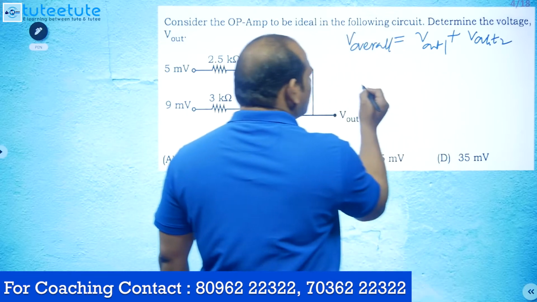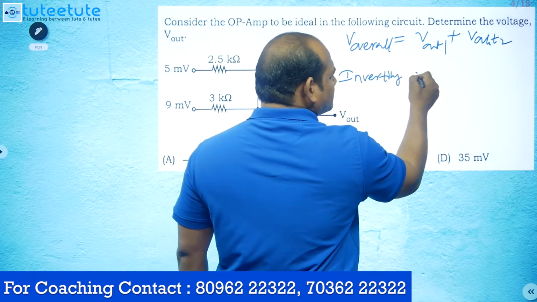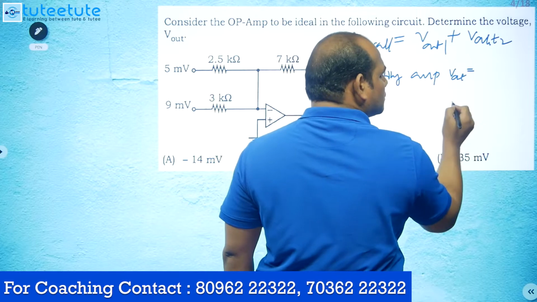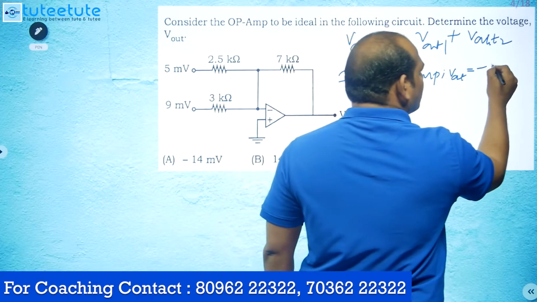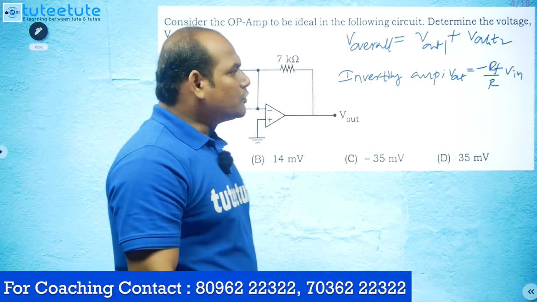For the inverting amplifier, we can say that the output voltage is equal to minus RF by R into V input. This is the output voltage.